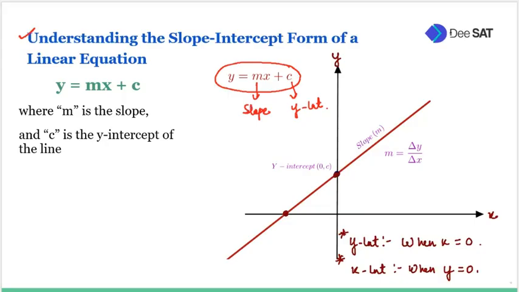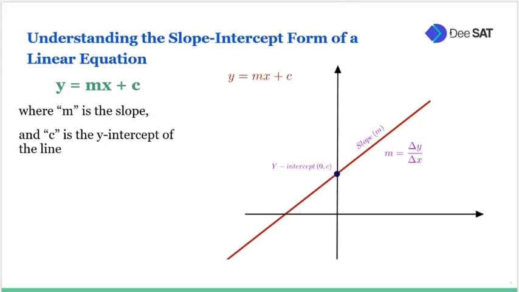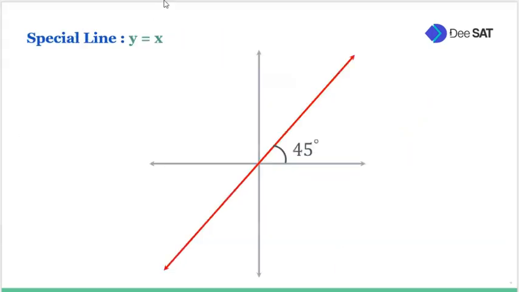Okay. Now let's understand from the very basics the two quadrant bisector lines, which are called special lines, quadrant bisector lines. They have very special names.